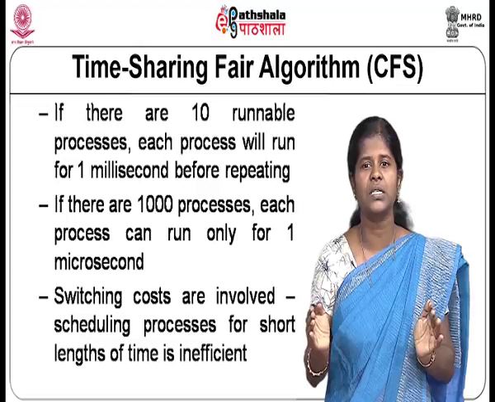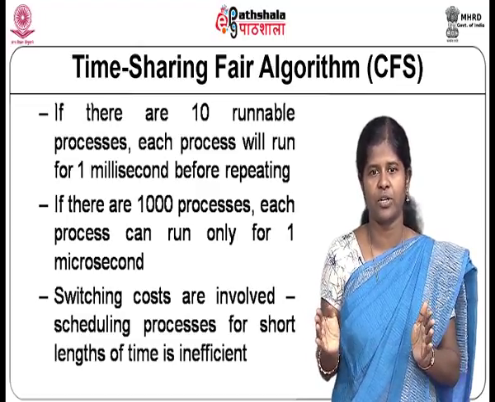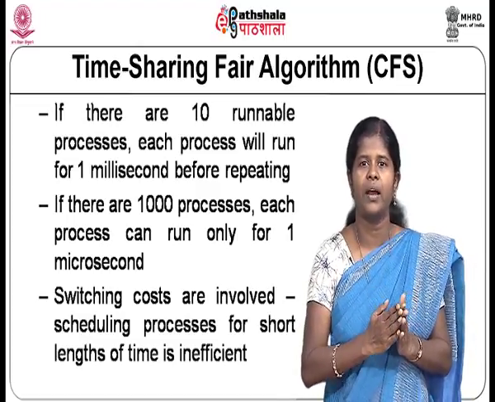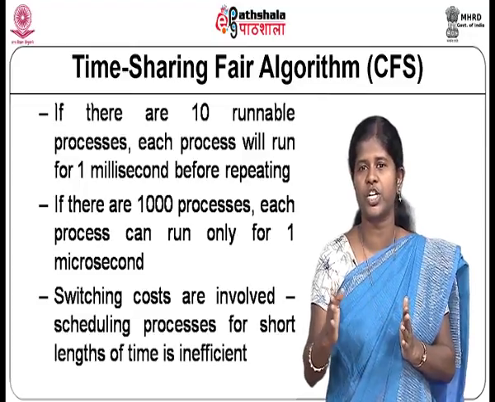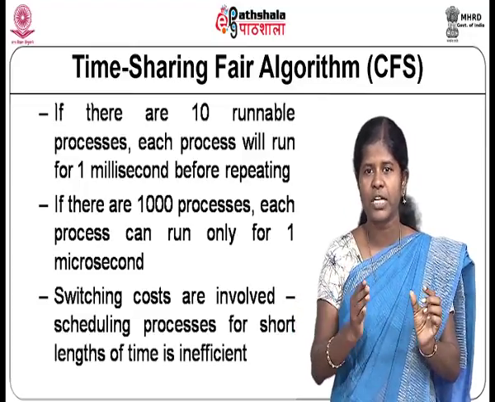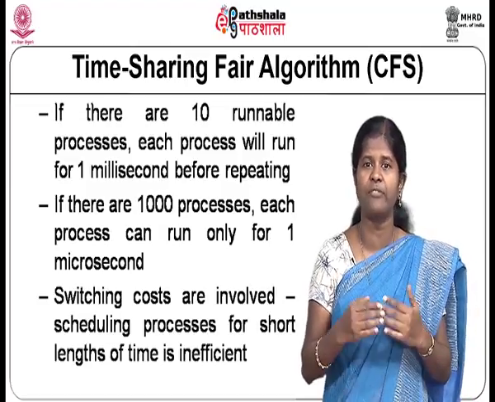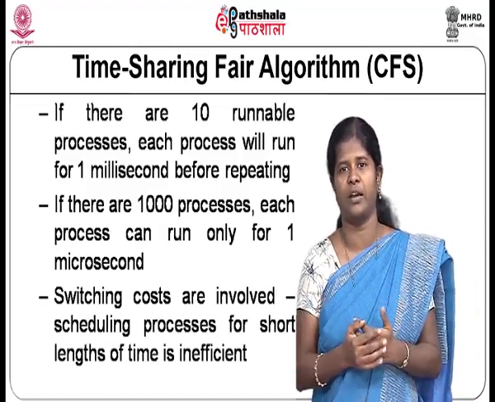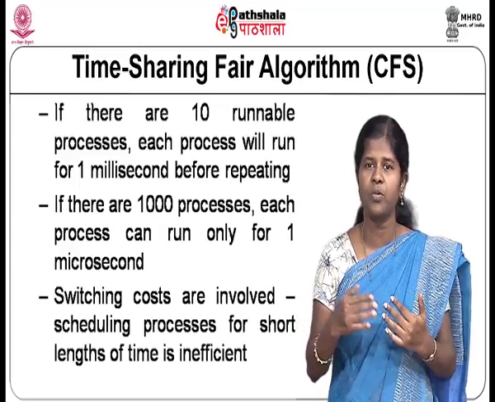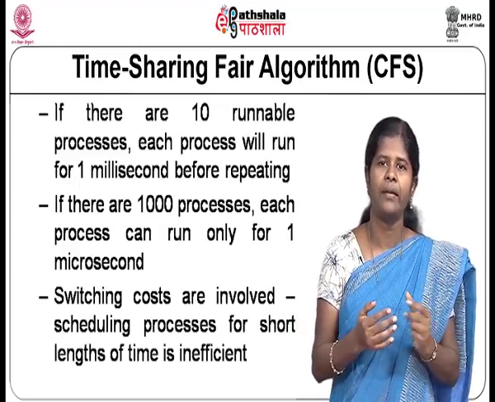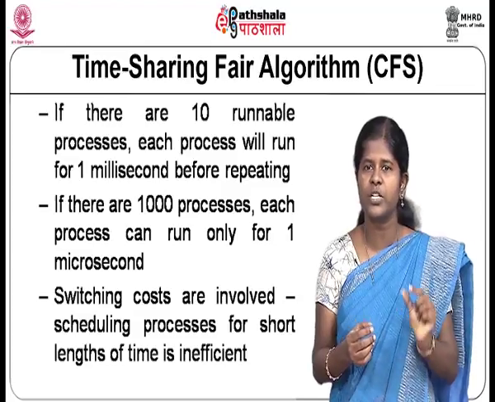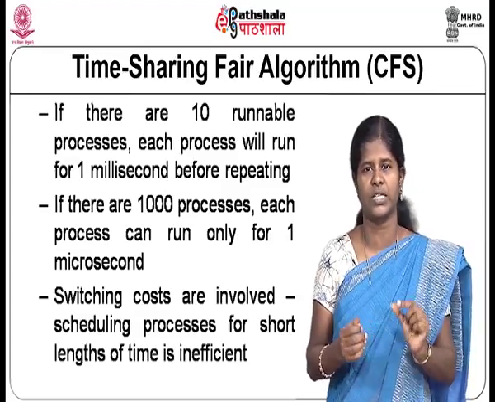Within this 10 milliseconds, there would be 1000 switches happening, because each process can get only 1 microsecond. You need to be fair enough and give each process some amount of CPU time, and so there will be 1000 context switches happening.